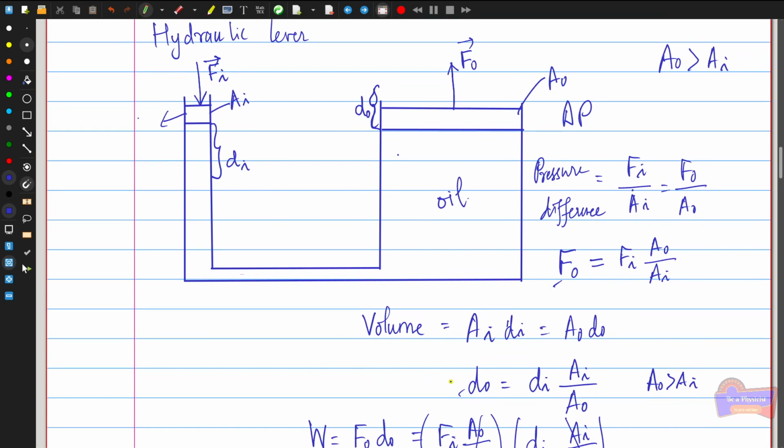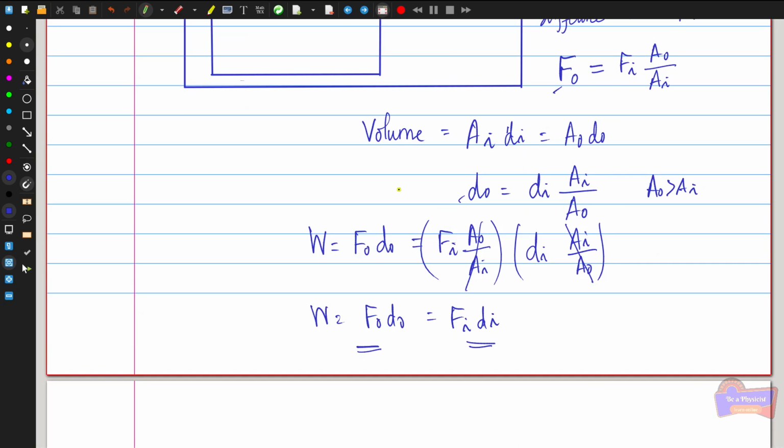If you apply a force on the left hand side and move the piston some distance, that force is exerted on the oil, which causes a very large force on the right hand side. The product of force and distance is unchanged on both the left hand side as well as the right hand side.